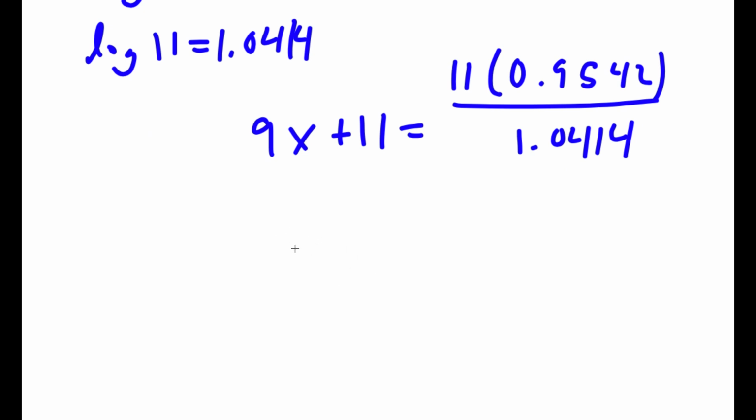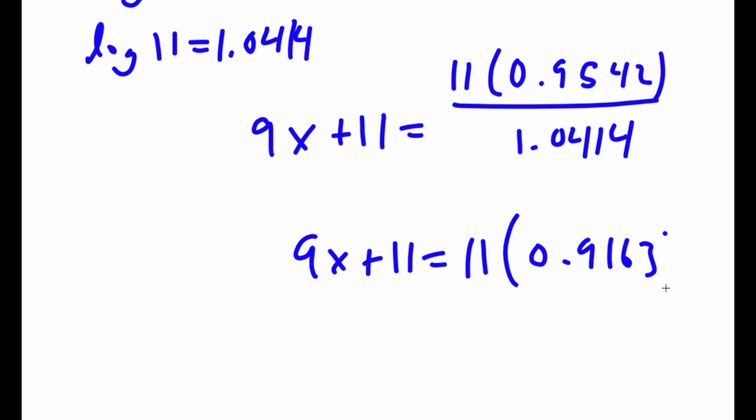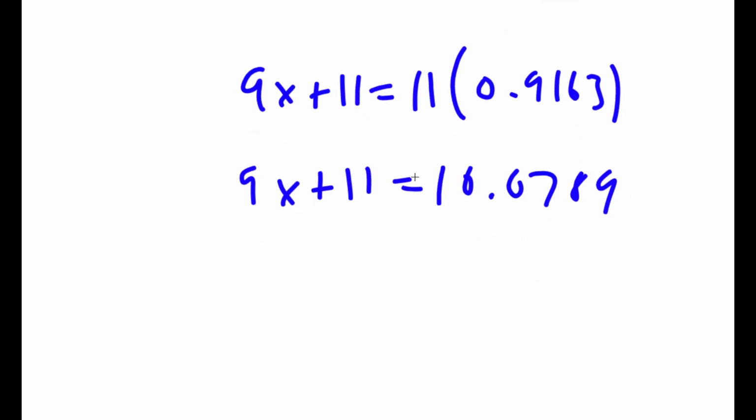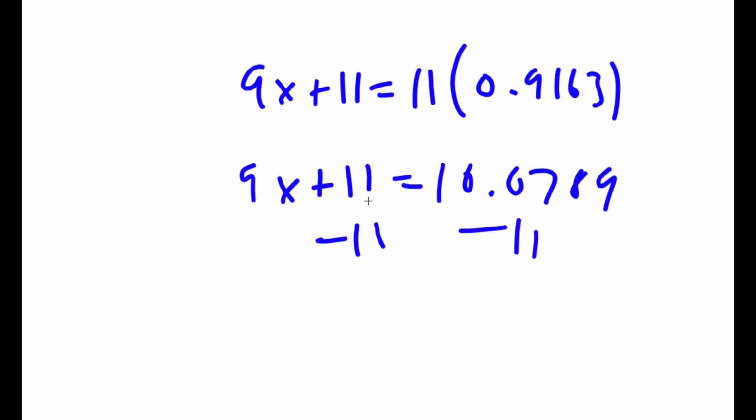And this is the same thing as 11 times 0.9163, which is equal to 10.0789. So now I'm going to subtract 11 on both sides.